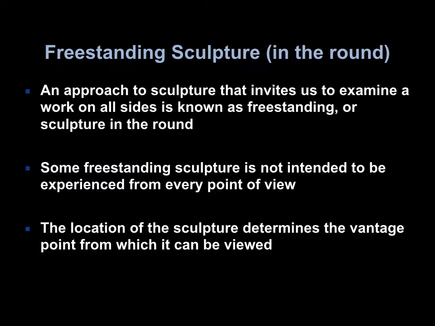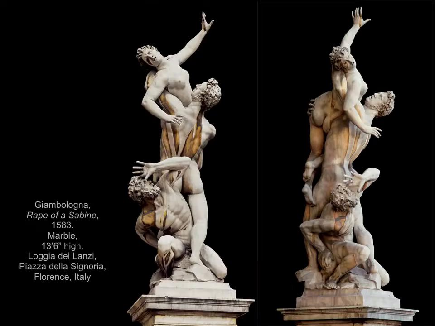Let's start with a closer look at freestanding sculpture. Freestanding sculptures can be viewed from all angles, and thus they are often placed in locations that allow our viewers to experience several vantage points. In this example from the sculptor Giambologna, we can see how the scene of these figures is meant to be viewed from a variety of angles.